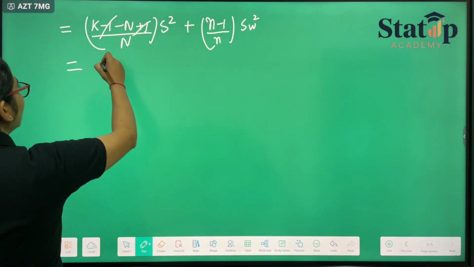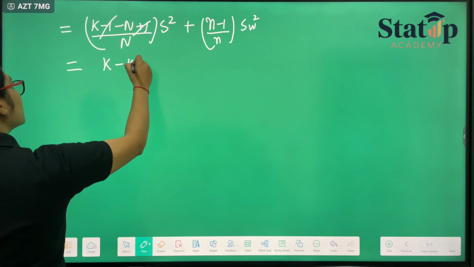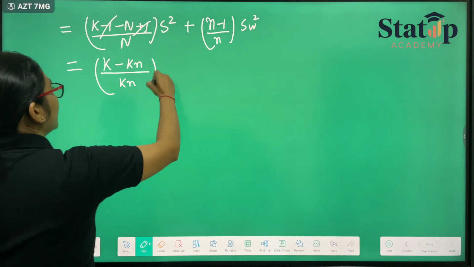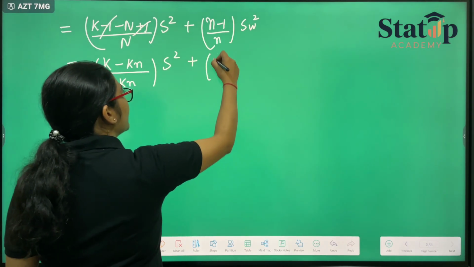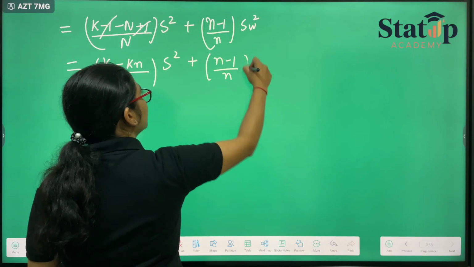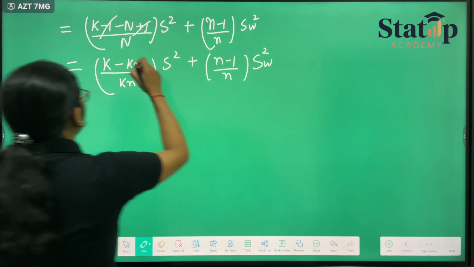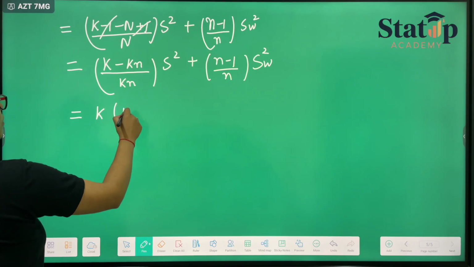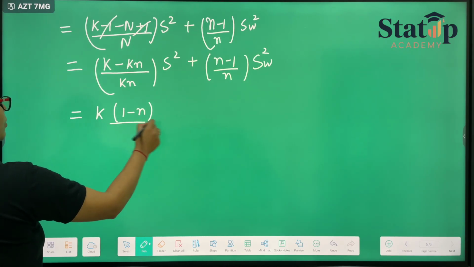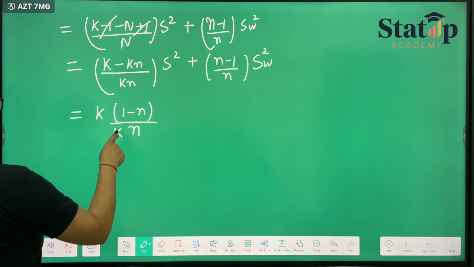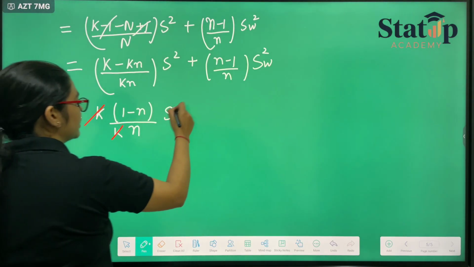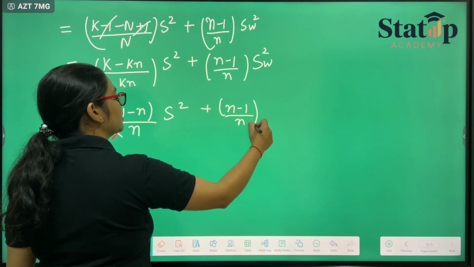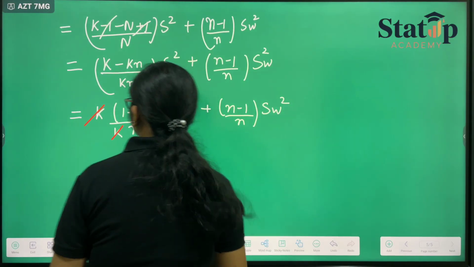Now k minus capital N can be written as (k minus k small n) upon k into n S square plus (n minus 1) upon small n into Sw square. So here taking k common, (1 minus n) upon small n into k, here k again gets cancelled, S square plus (n minus 1) upon n Sw square.